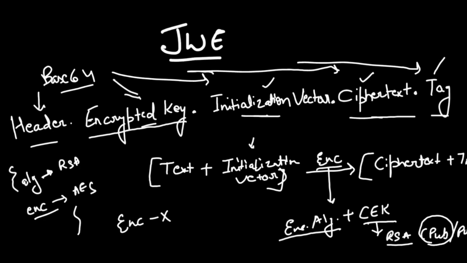Now let's come to the last part. As I mentioned earlier, we will be touching JWA and JWK as well. So JWA, as I specified earlier, we are using algorithms to encrypt our content. We are using algorithms to create the signature in JWS as well.